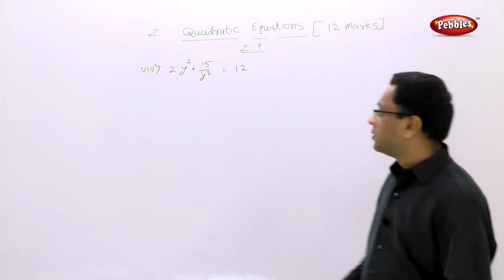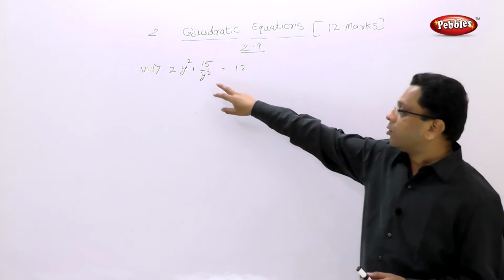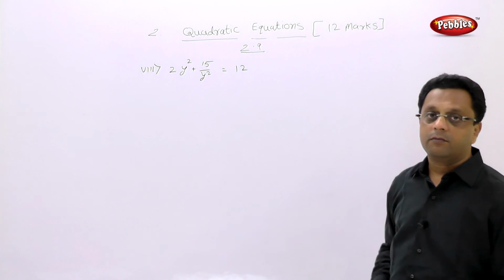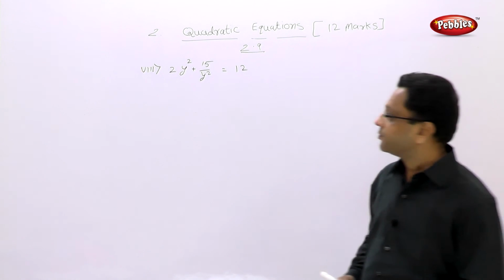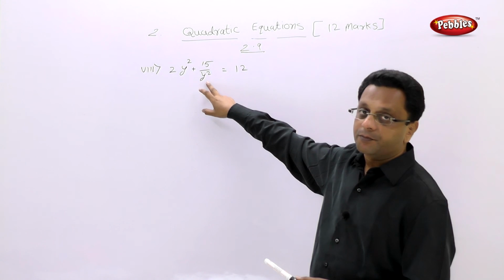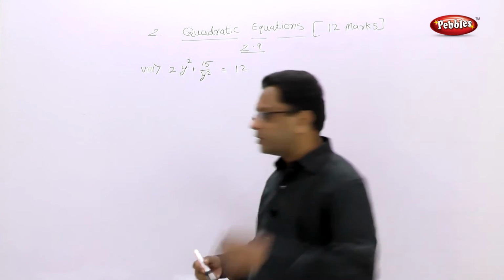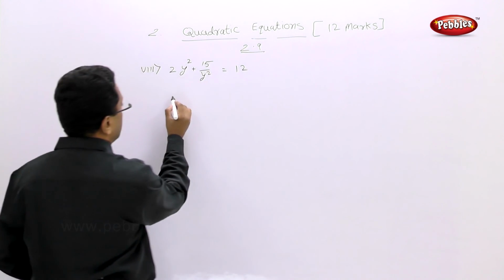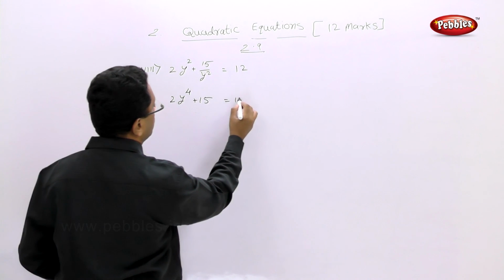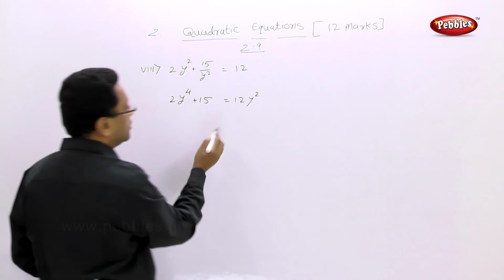Very easy. First, we don't want this denominator. So first I will multiply the whole equation by y square. So this y square will be eliminated. So I will have here 2y raised to 4 plus 15 is equal to 12y square.